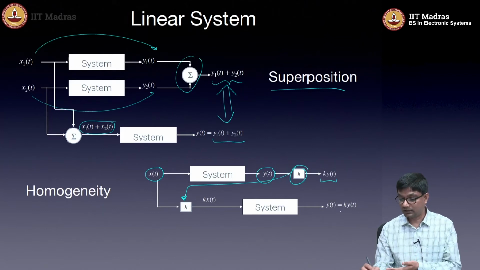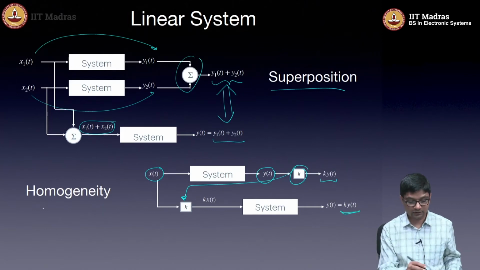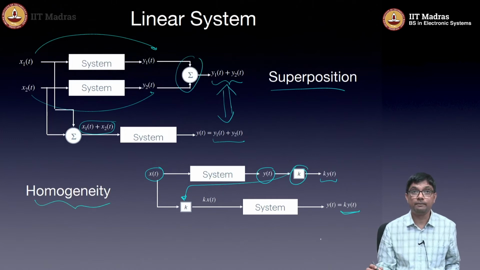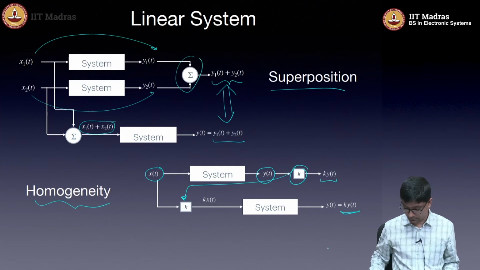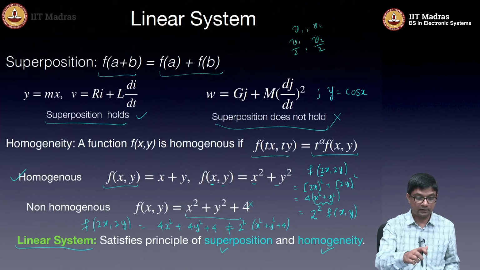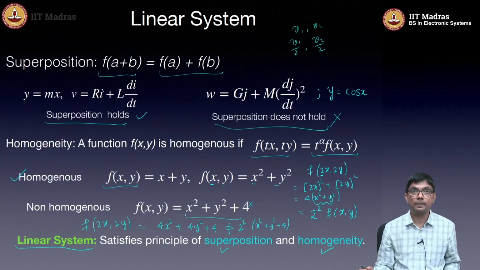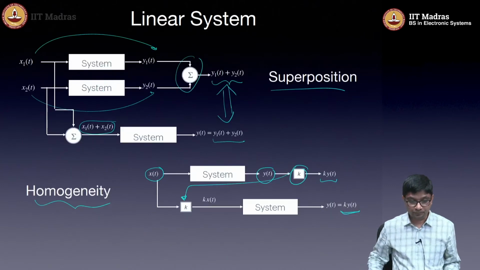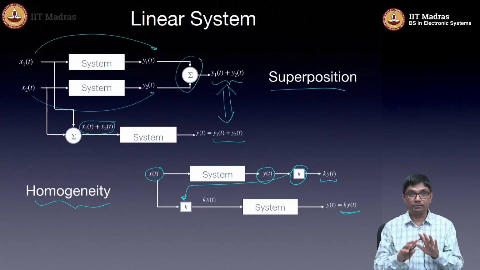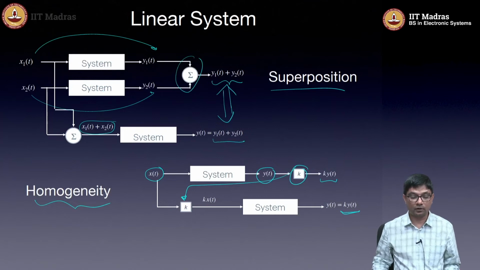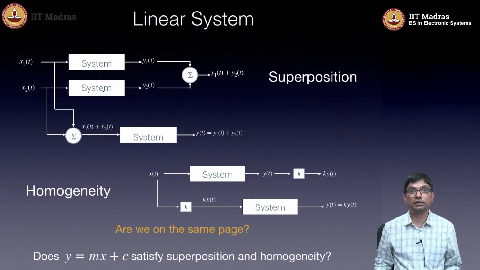And if the output is k times y(t), then you say, well, this is homogeneity. Both things were working in these two examples. So this is another way of pictorially or diagrammatically representing linear systems which satisfy superposition and homogeneity.